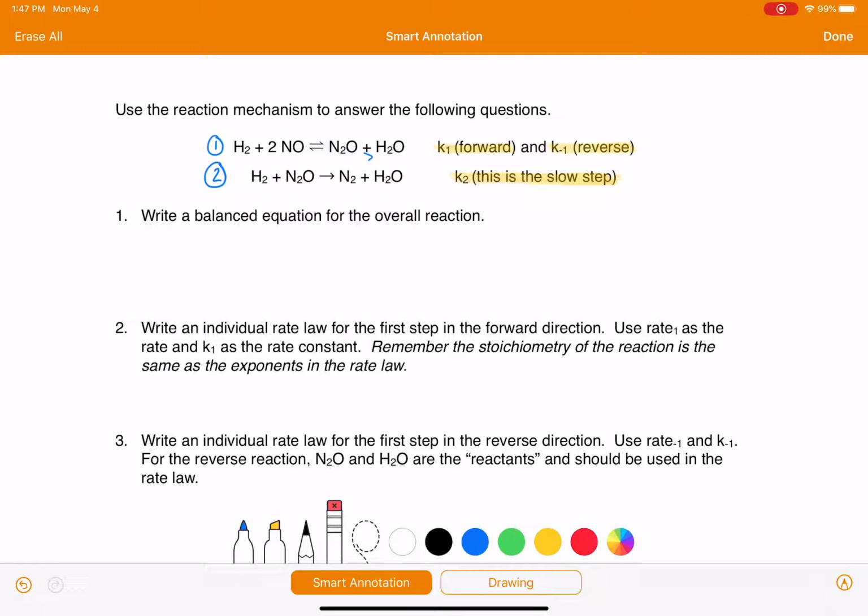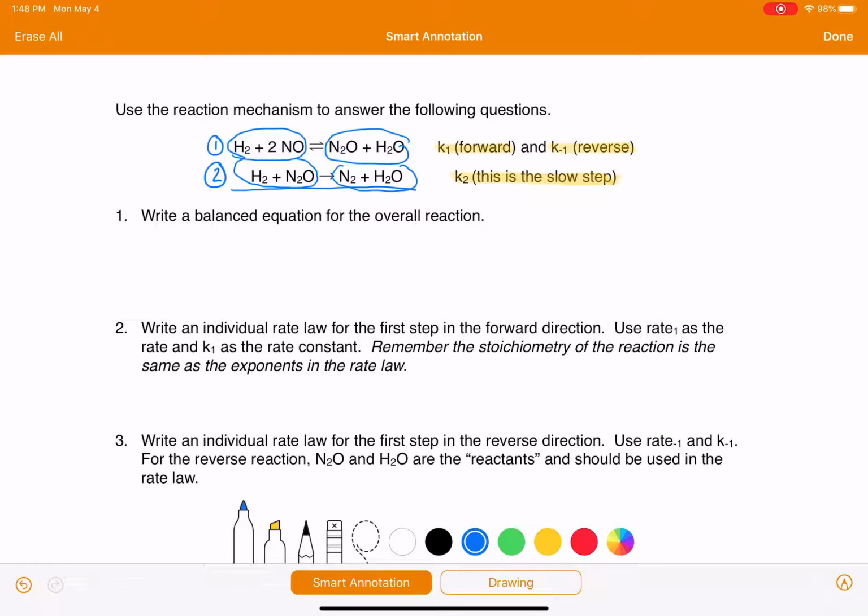So the first thing that we're going to do is come up with our overall equation, and that is going to be from combining the two equations together. And it's kind of tricky with equilibrium. So when we're doing this with one of the reactions that is in equilibrium, we're going with as it is written. So that means that we are calling these guys our reactants, combining them with these reactants right here, and we're calling these guys our products, combining them with these products right here.